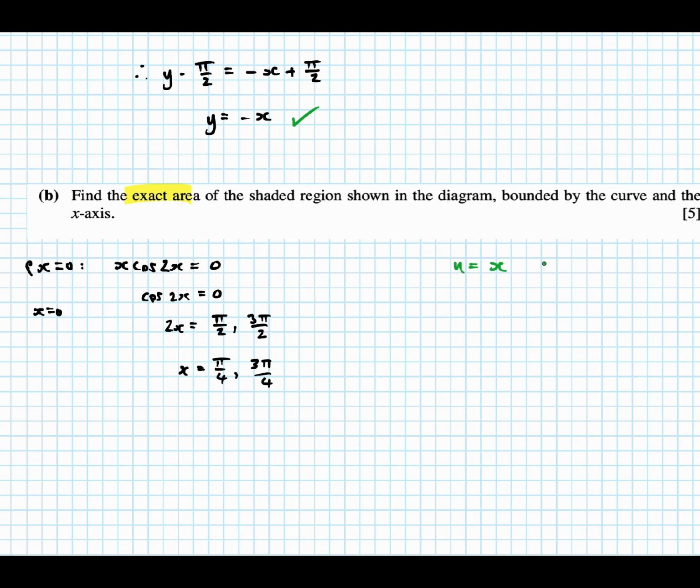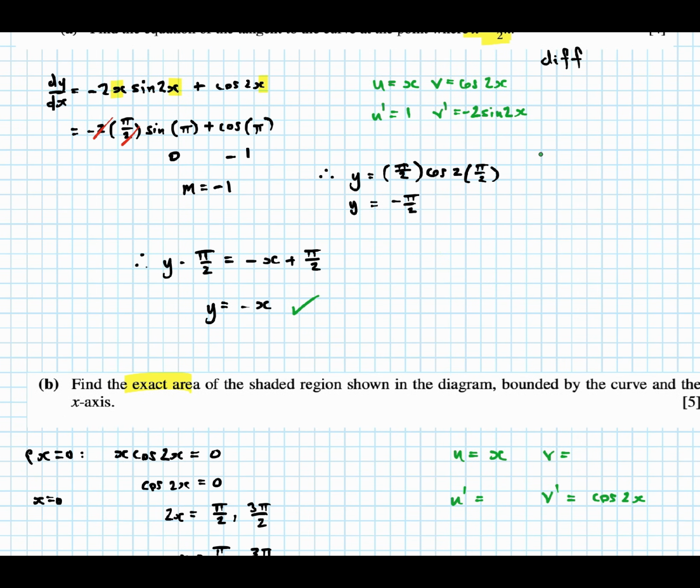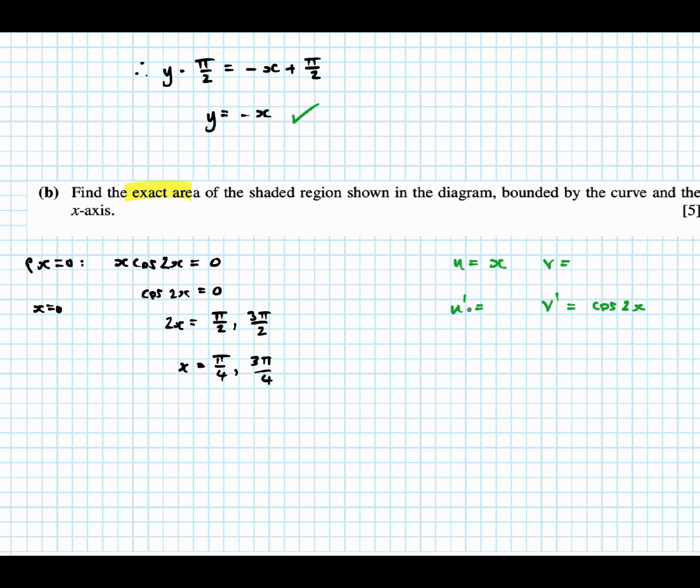So u is equal to x, and your v prime is what you have, so cosine 2x, and you're going backwards in this sense. So v is 1/2 sine 2x. Okay, from there we can do it.